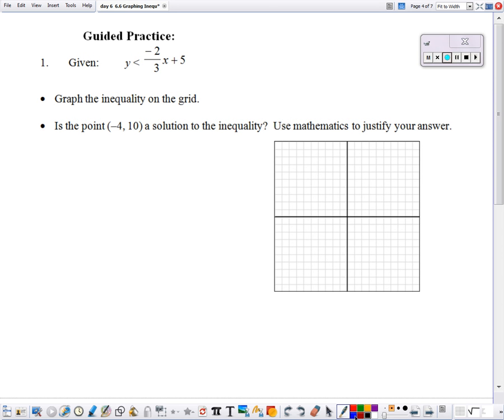Okay, we're going to practice a few more together. Y is already by itself, so I'm going to start at 5. And then go down 2 and over 3. There's no line with my inequality, so I'm going to connect these with a dashed line. And then this symbol is pointing to the left, so that means below.